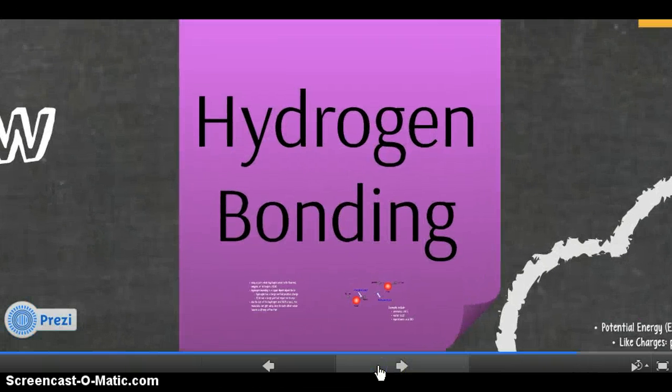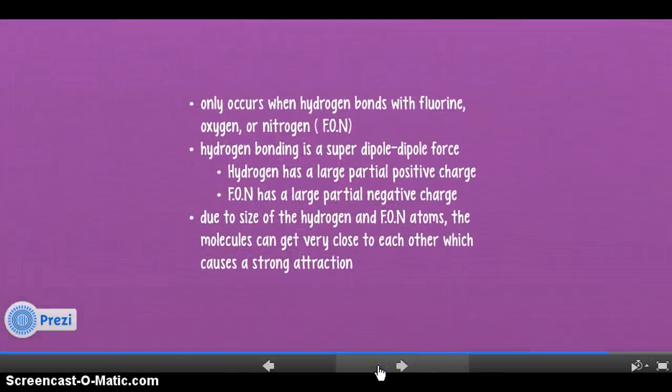Next we will go into our last one, hydrogen bonding. Hydrogen bonding only occurs when hydrogen is introduced with FON, our little acronym that we all are familiar with, which is fluorine, oxygen, and nitrogen. Hydrogen bonding is a super dipole-dipole force.